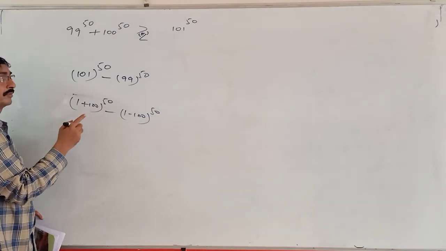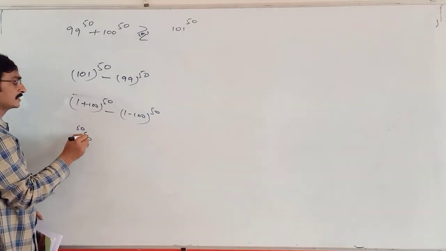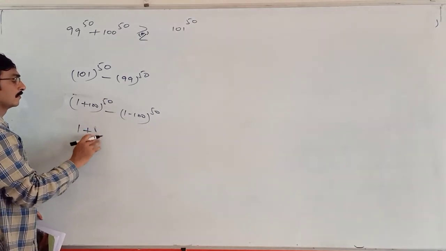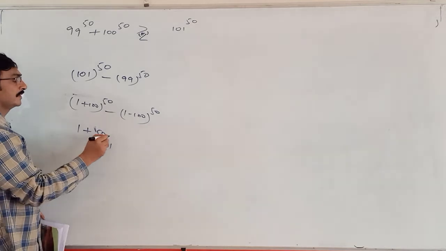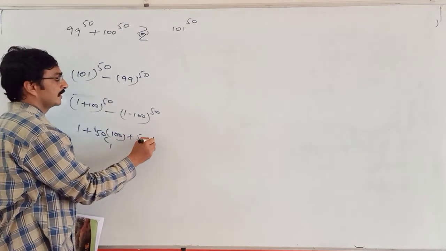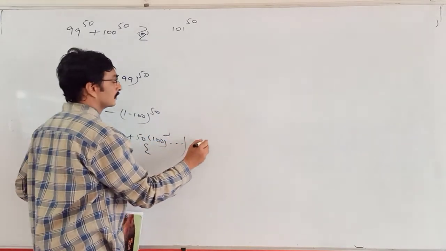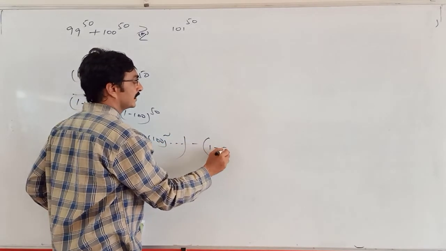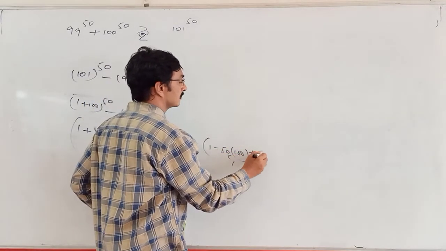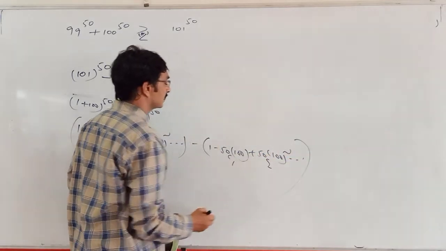In this one, the first term 50 C0 means 1, plus 50 C1 into 100 plus 50 C2 into 100 square and so on. Same for 1 minus 50 C1 into 100 plus 50 C2 into 100 square and so on.